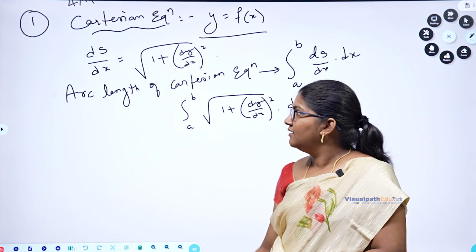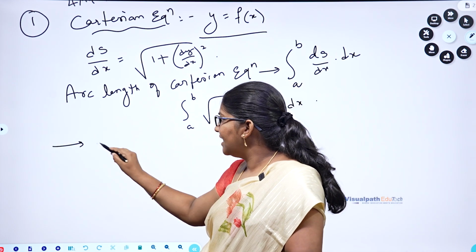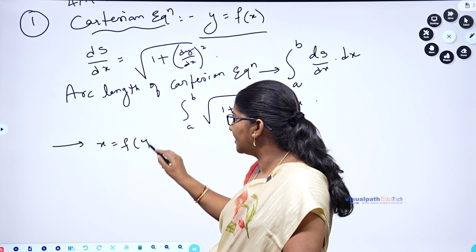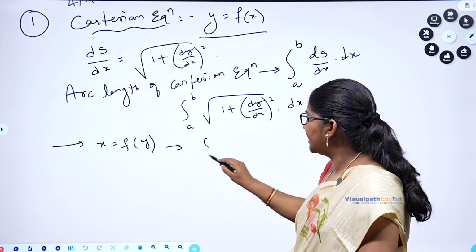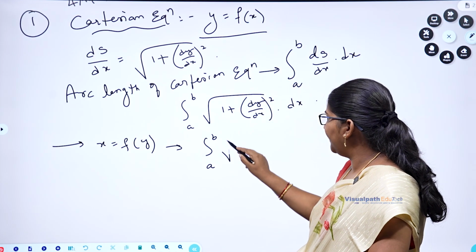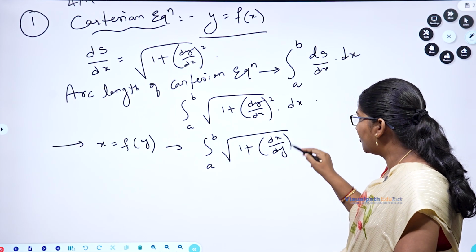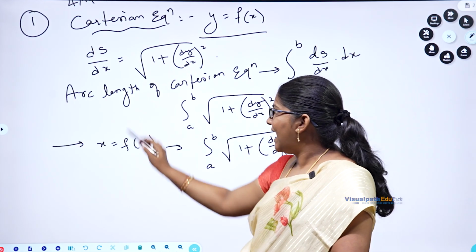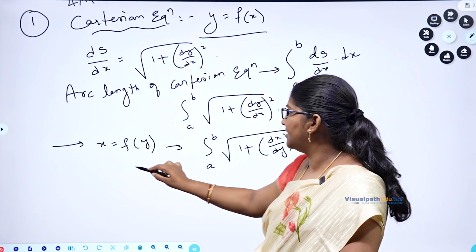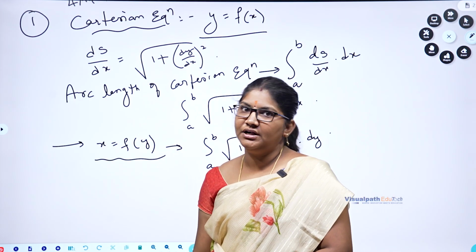This is for the y is equal to f of x curve. Whereas for the x is equal to f of y curve, arc length is given by integral a to b under root 1 plus dx by dy whole square into dy.